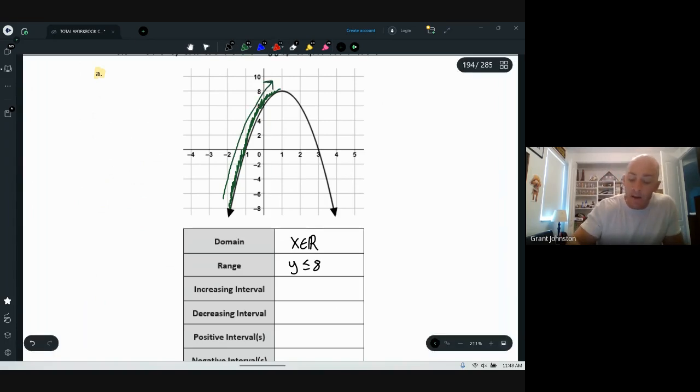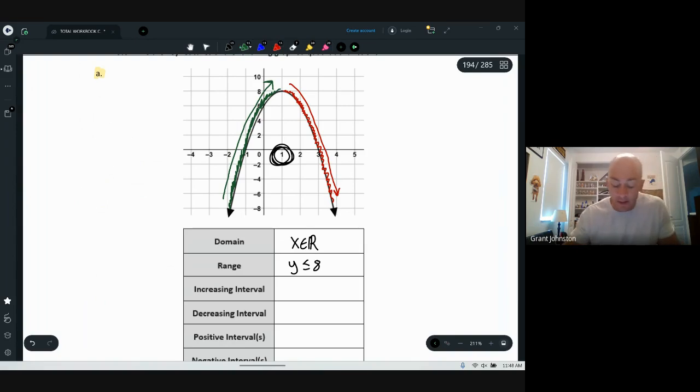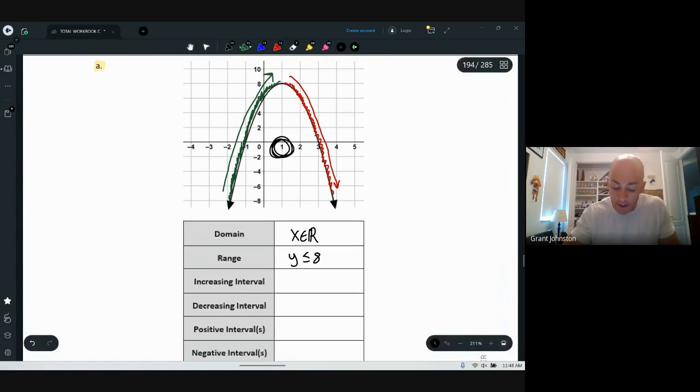And then once it hits, and this is the special spot, once it hits 1, it starts decreasing, down, down, down as we read left to right. I'm going to draw a little arrow there. So its increasing interval is when x is less than 1, and its decreasing interval is when x is greater than 1.